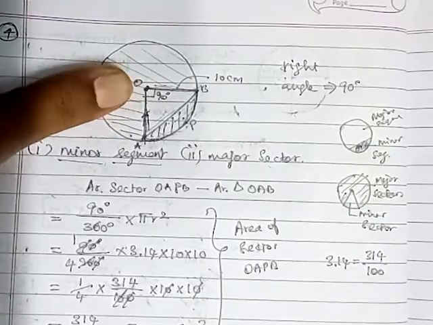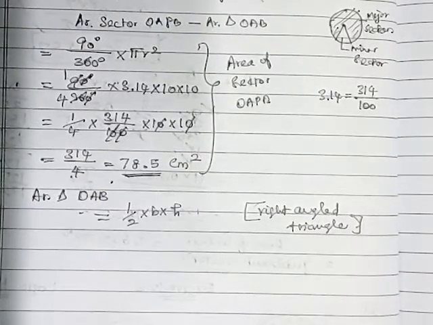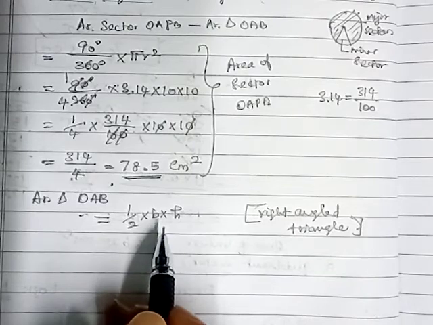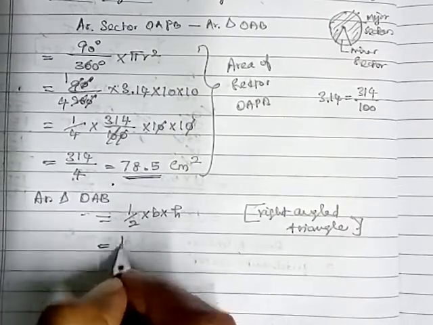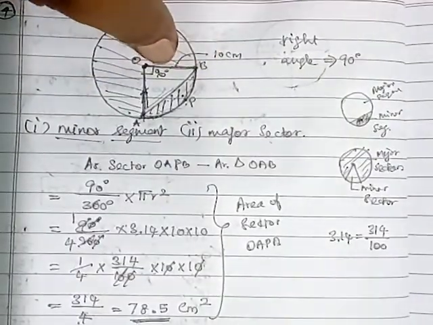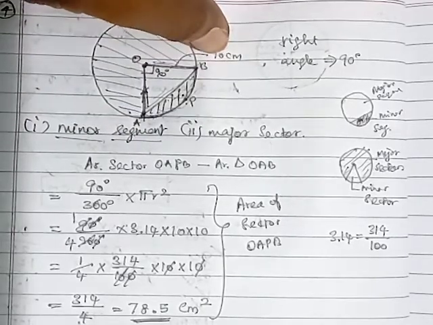So it is right angle triangle. We have to use the formula half into base into height, right? If you take this side as base, this is height, right? So this is also 10 centimeter because this is radius.